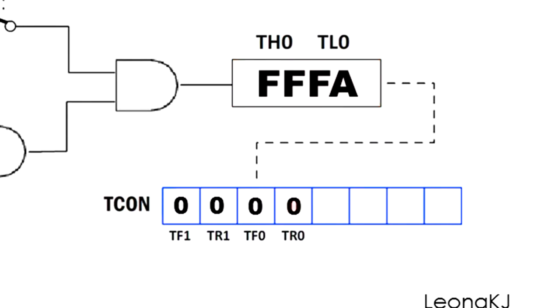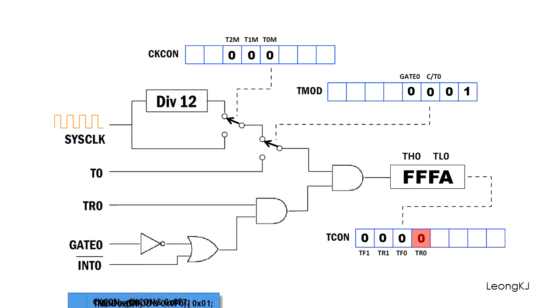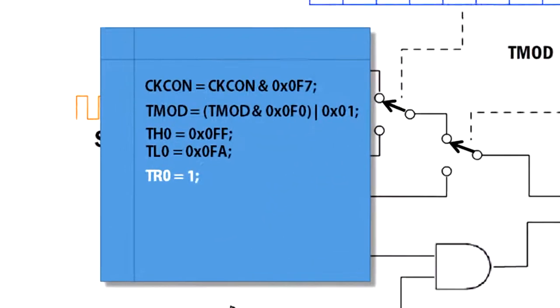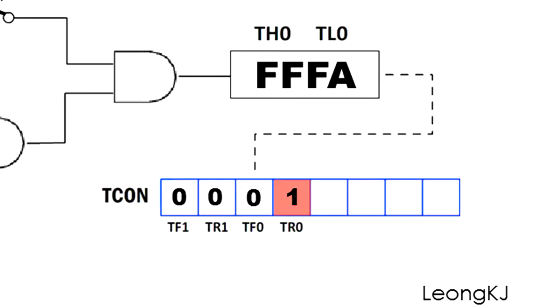Upon reset, the timer 0 run bit is 0 and the timer is not running. To make this 1, write the instruction TR0 equals 1. Timer starts to run when TR0 equals 1.